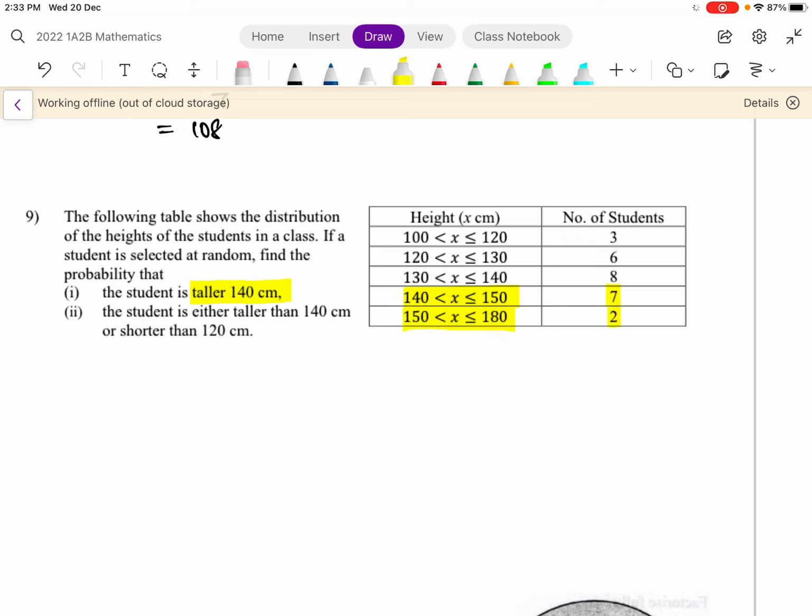And we have 7 and 2 students. So part 1, quite easily done. Probability taller than 140 is 7 plus 2 out of the total number of students.